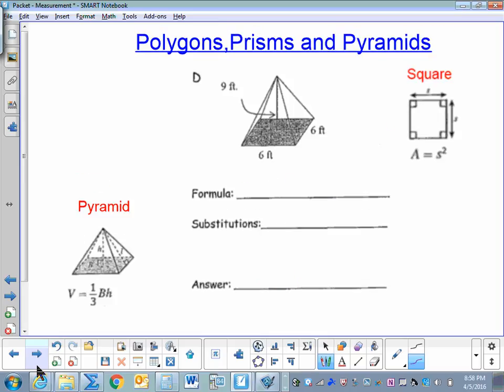Okay, let's go to problem D. Problem D is a pyramid with a base that's a square. So to find the volume, since it is a pyramid, it's going to be 1/3 times the area of the base times the height. The area of the base is a square, so it's side squared, times the height of 9.